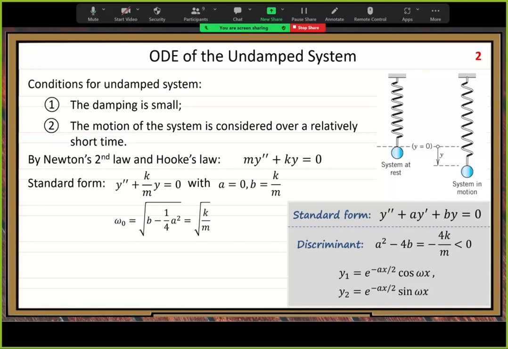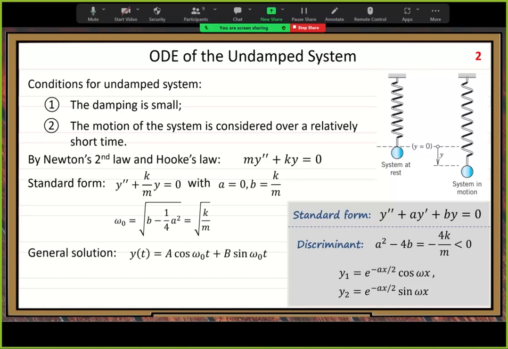That is the number, the square root of k over m. So then we can write the general solution immediately: capital A, a constant, times cosine omega 0 t, plus another constant, capital B, times sine of omega 0 t.